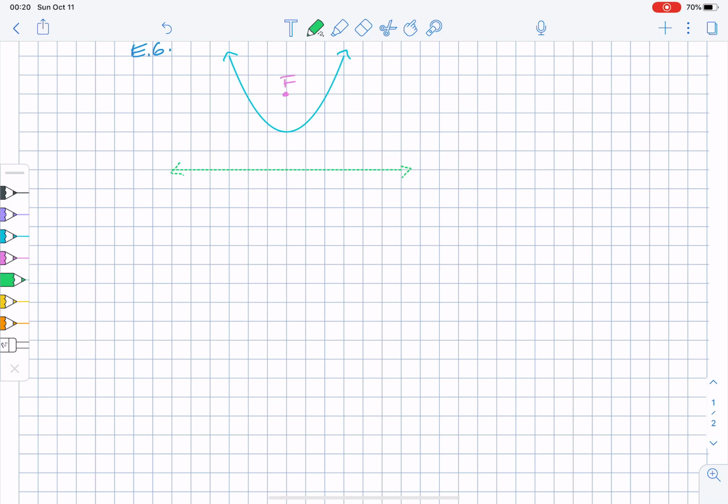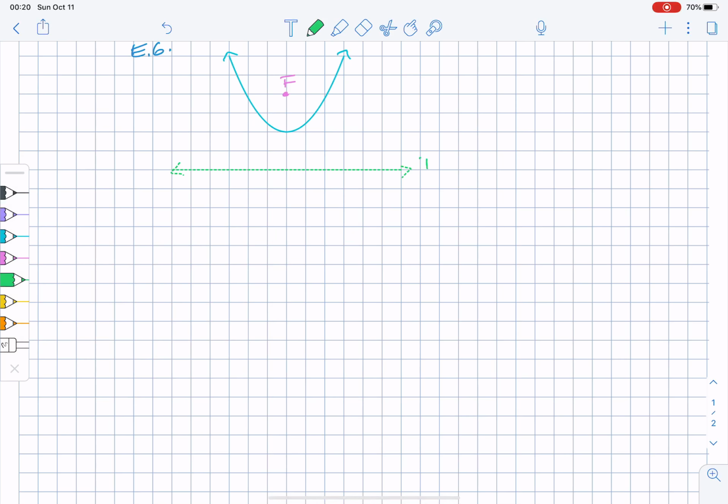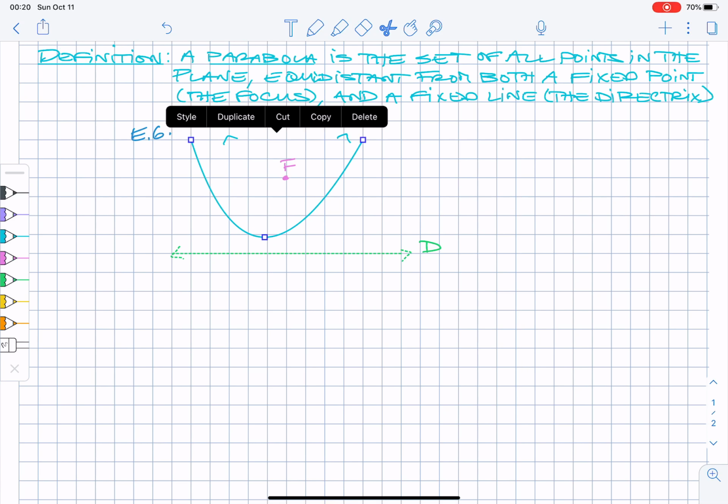Let's call this capital D for directrix. It's a line. The reason I'm not using lowercase d like I would for a normal line, you'll see eventually in the next section.